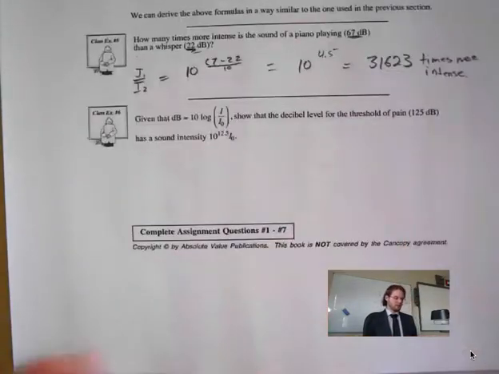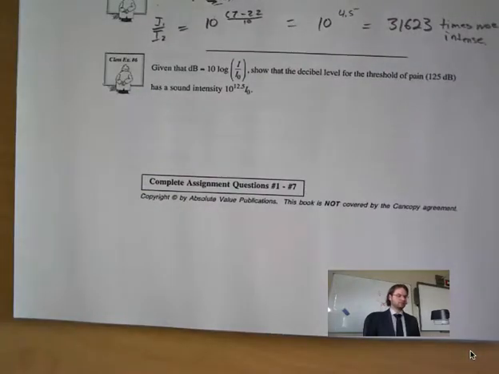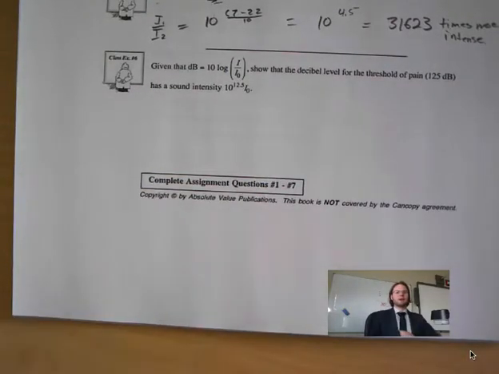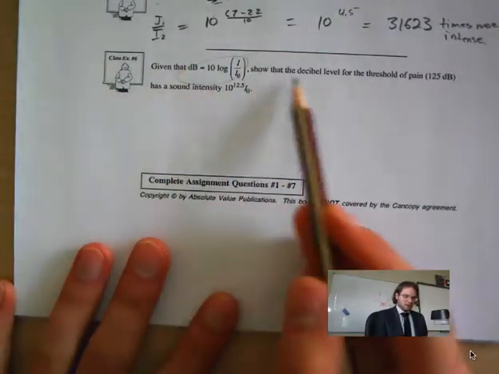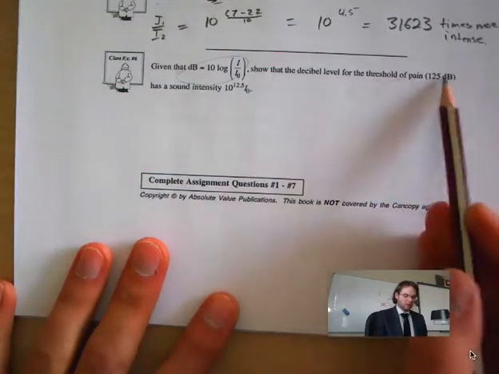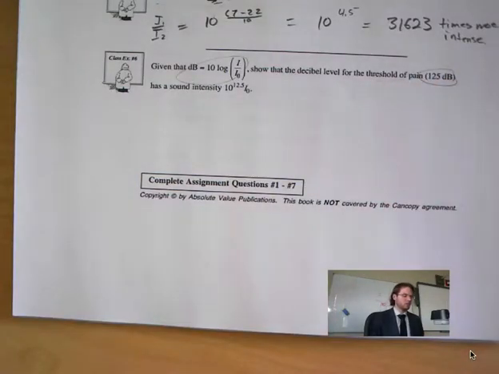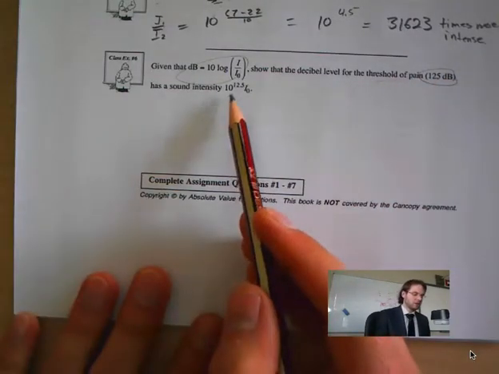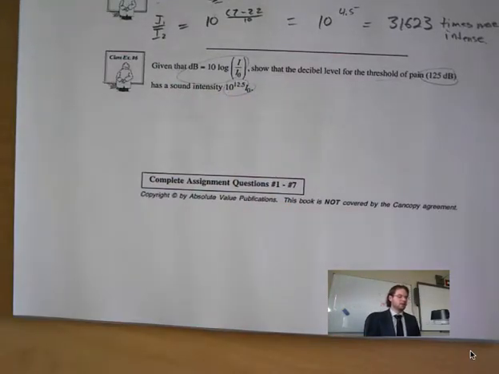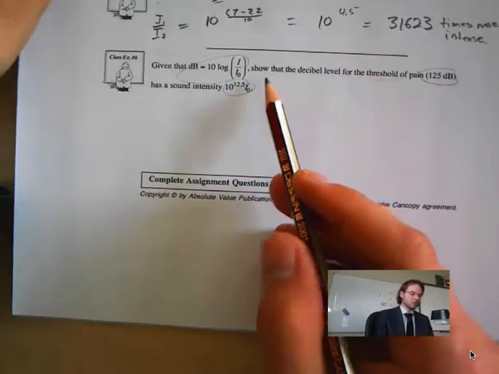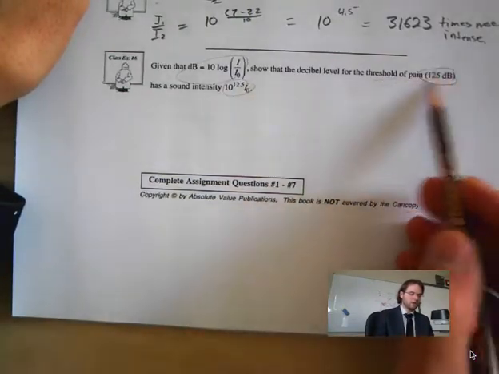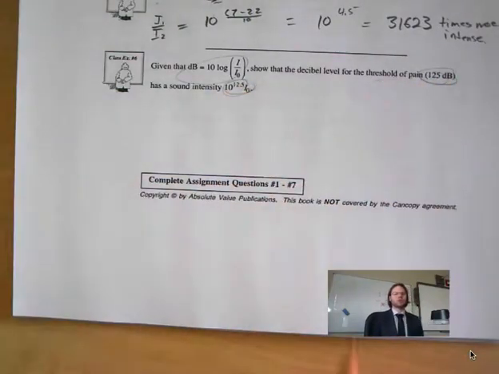Okay, now let's take a look at number 6. Given the decibels formula with the log right here, the threshold of pain is 125 decibels, which has a sound intensity of that for I naught. So we want to show that the decibel level of pain has a sound threshold of that there.